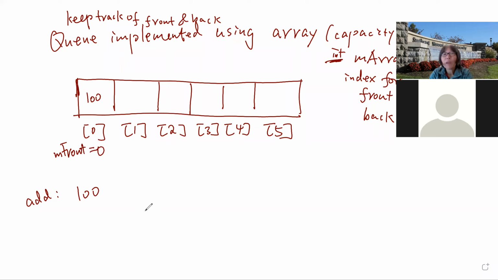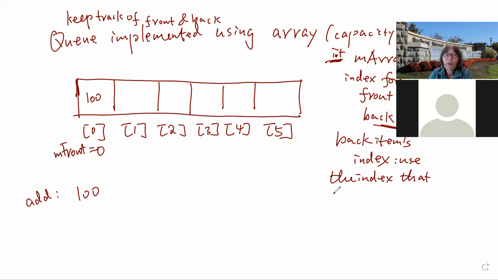And we also need to keep track of the back item. Generally speaking, for the back item's index, we don't use the last item's index. We use the index that is beyond the last one.